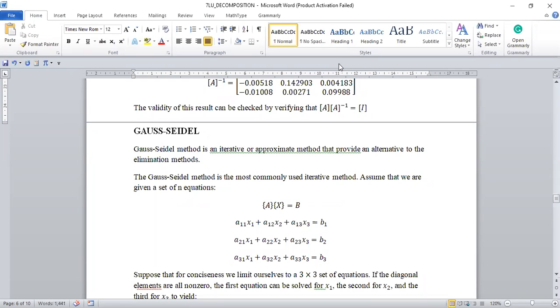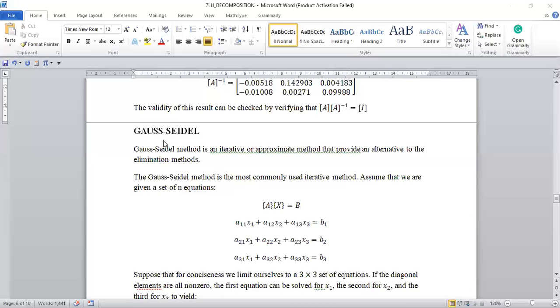So we are going to be discussing using software numerical tools to solve linear algebraic equations. You can use Matlab, you can use Excel VBA, you can use both of them. So before this class ends, we are going to look at how to use either Matlab or Excel VBA to do that. The next method is the Gauss-Seidel method.